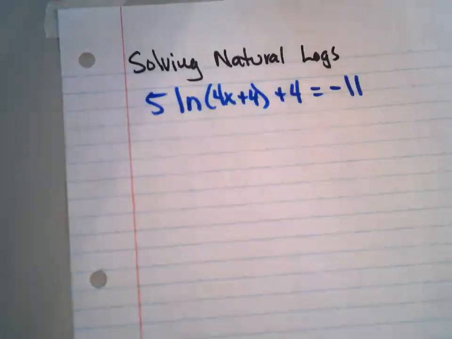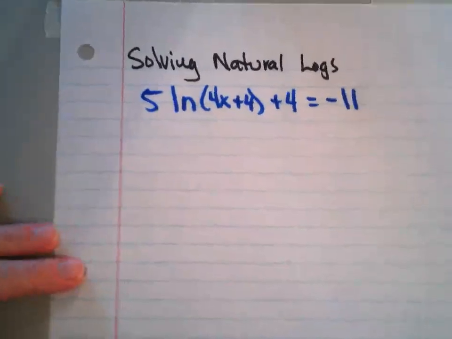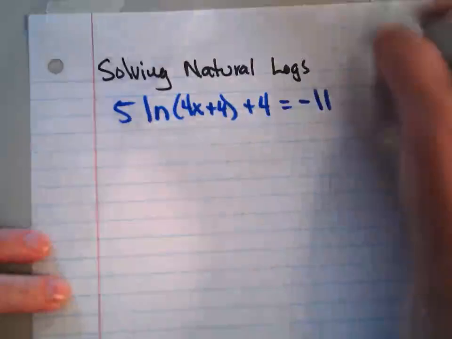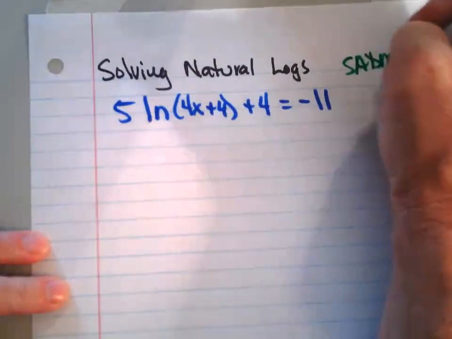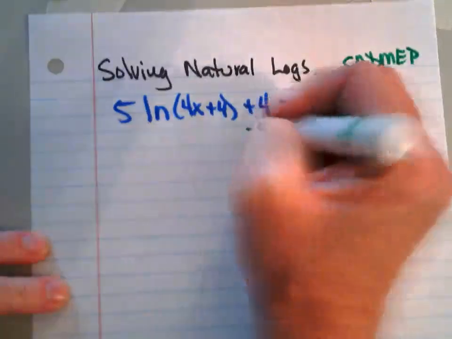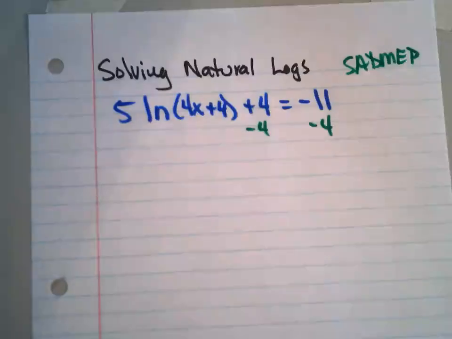Again, I'm getting these problems straight from Delta Math. I'm not making them up on my own. So for this, don't forget to use SADMAP. We're going to subtract 4, subtract 4.